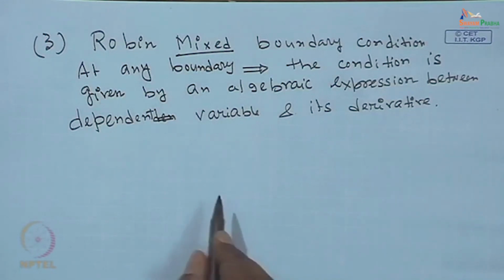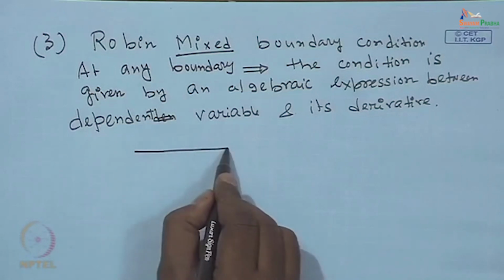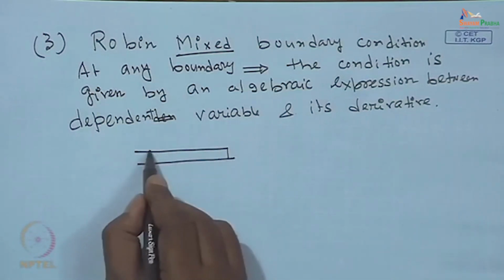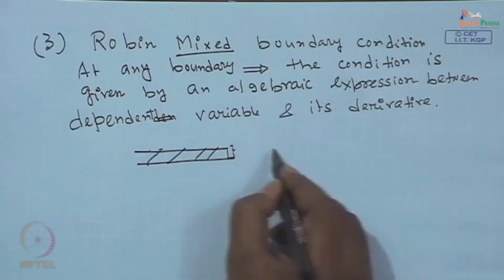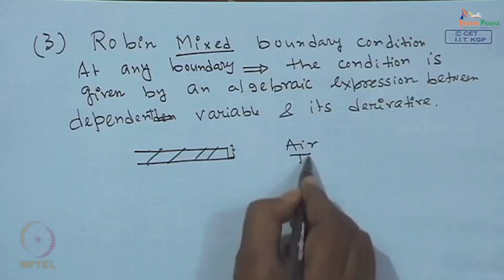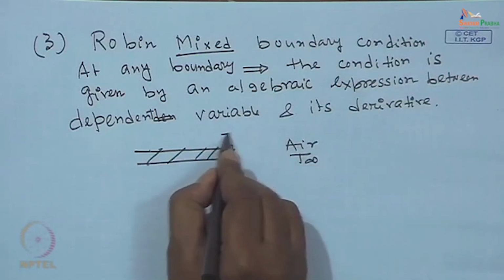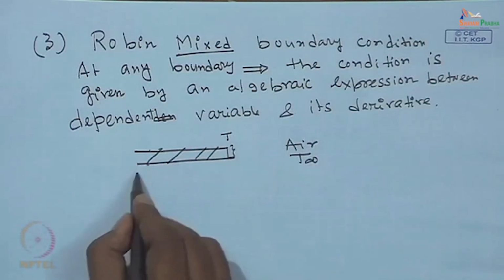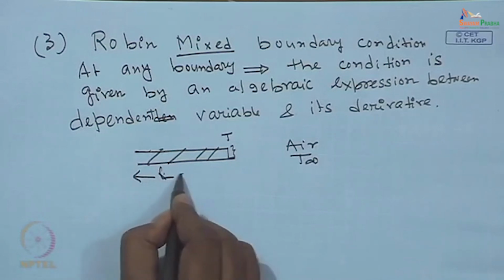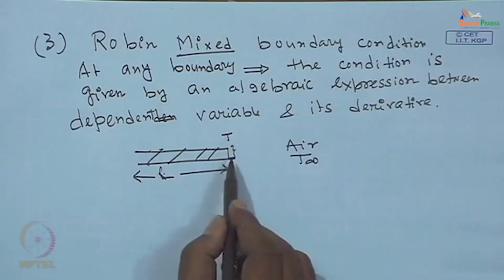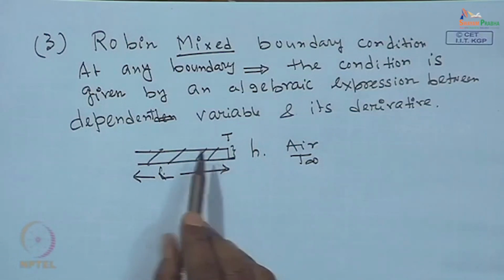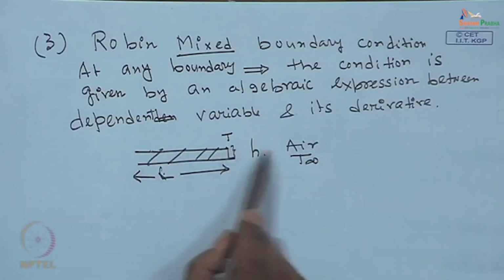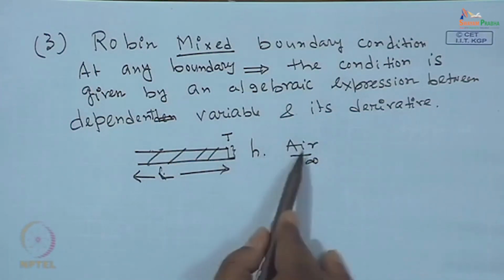For example, we talk about a heated surface, a fin maybe, and the edge of the fin is exposed to air. Air is having a temperature T infinity, and at that particular boundary, let us say at x is equal to L, the temperature is T and h is the heat transfer coefficient. Then at steady state, whatever heat has come by conduction is taken away by the convection of the air.